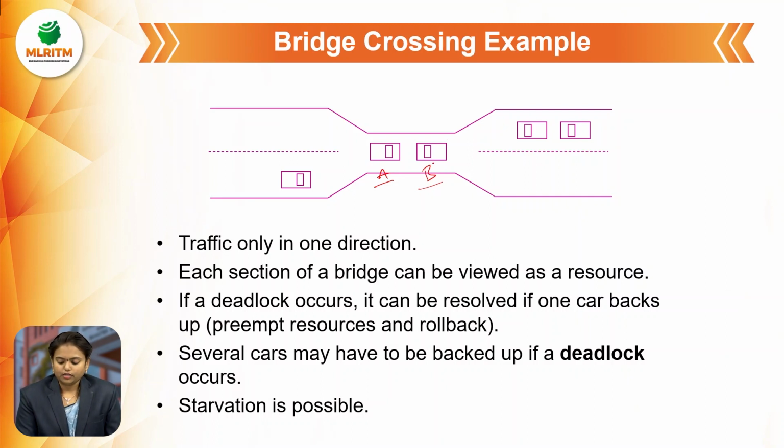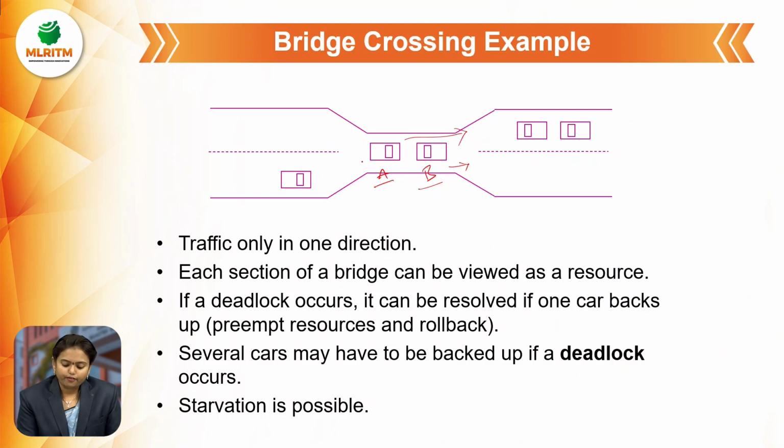If a deadlock occurs, it can be resolved only if one of the cars backs up. One of the cars, A or B, should back up. That means preempt resources and roll back. If car B goes back, then A will go forward.